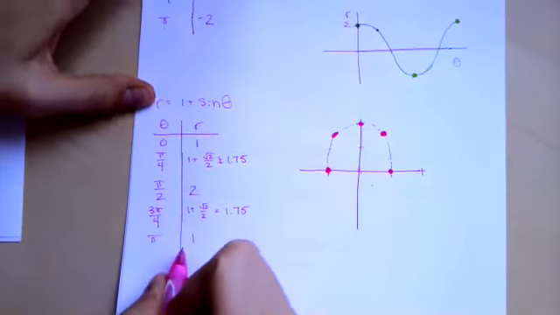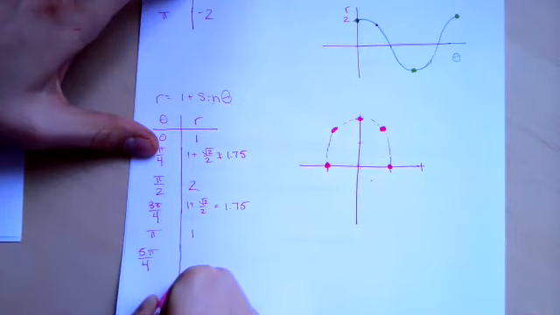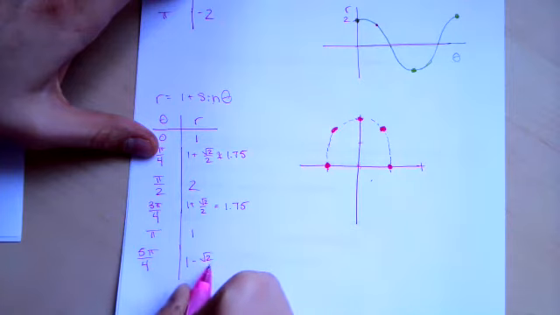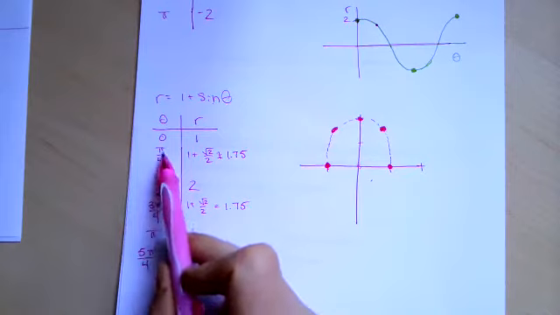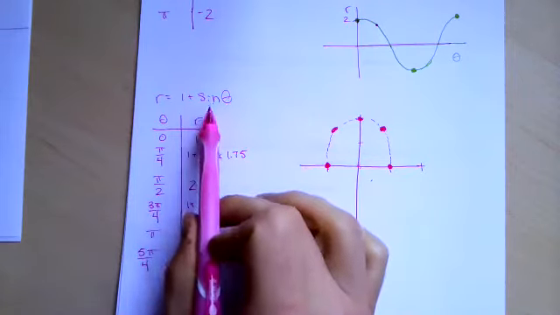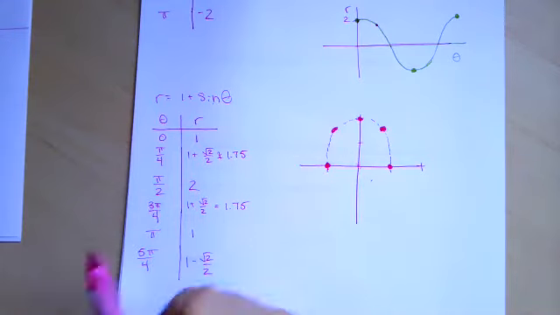Let's keep going. We've got 5 pi over 4 next, and that's where sine is going to be negative. The nice thing about doing pi over 4 increments is that your sine and cosine are always going to be square root 2 over 2, positive or negative. You just have to be mindful of the quadrants.